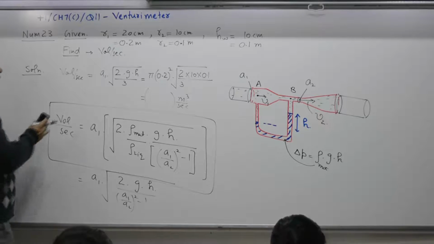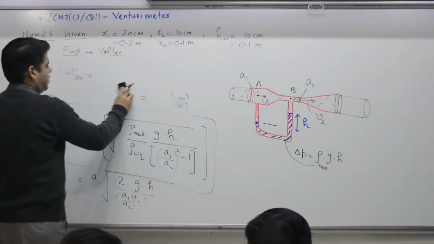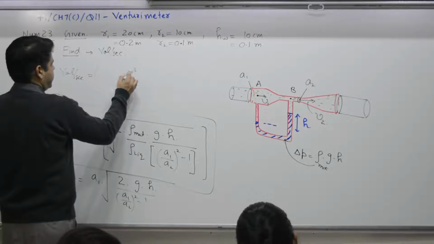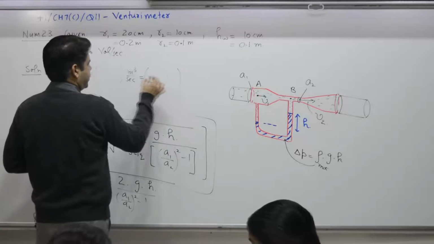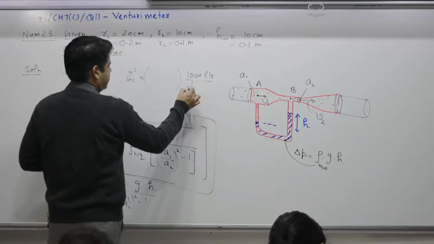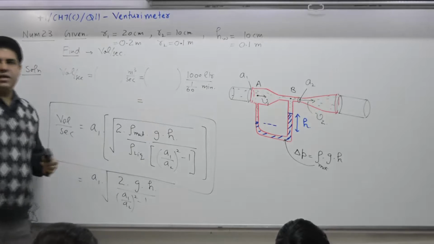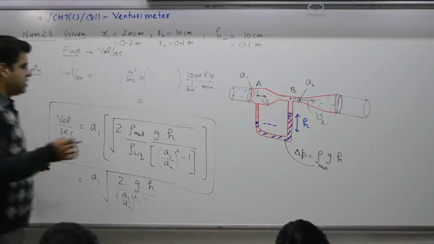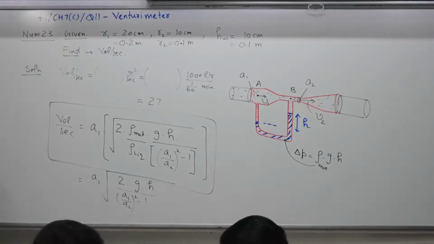First answer in meter cube per second, so many meter cube per second. Then 1 meter cube is 1000 liter, and 1 second is 1 by 60 minute. Then the answer as given in the book is 2727 approximately, 2726.